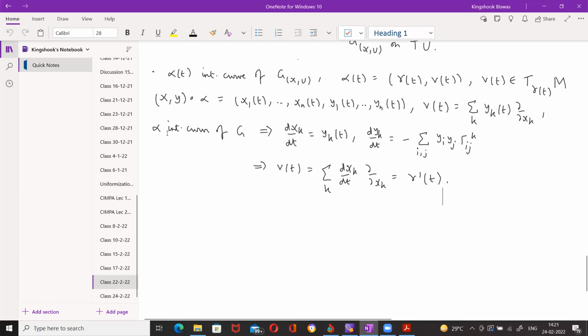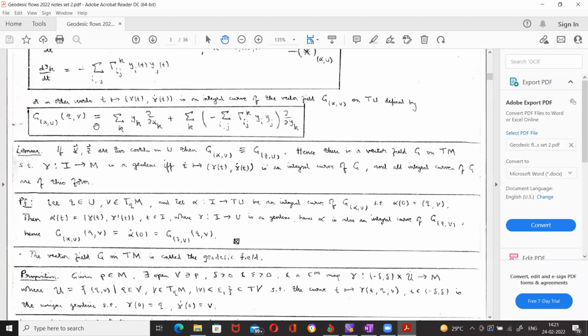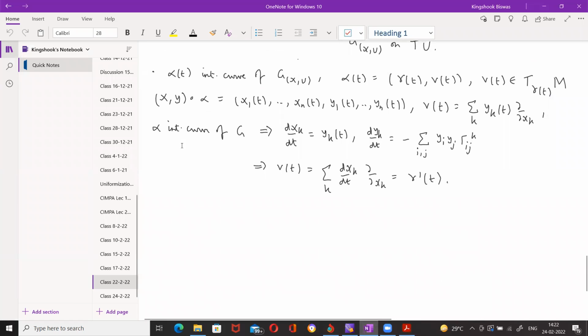Now what does it mean for alpha to be an integral curve of G? It means that alpha prime is equal to G of alpha, right? Now look at the formula for G. G is the summation of yk del del xk, plus the summation over k of minus the sum over i, j of Gamma^k_ij yi yj, del del yk. And what is alpha prime?